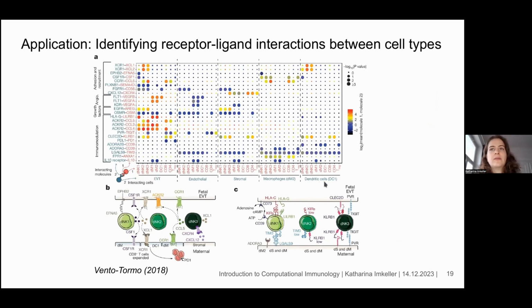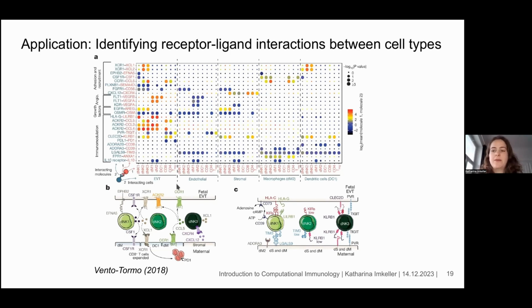You have clusters of cell populations here in blue, you have other cell populations here in red, and in the dot plot here, you have the interaction score of the molecules in blue expressed in the blue and in red expressed in the red cell types. And you see that some cell types are likely to interact via certain receptor-ligand pairs based on the scoring that was previously done.